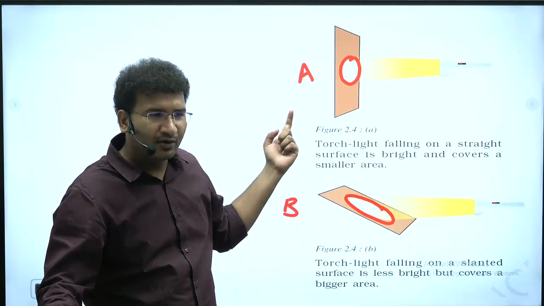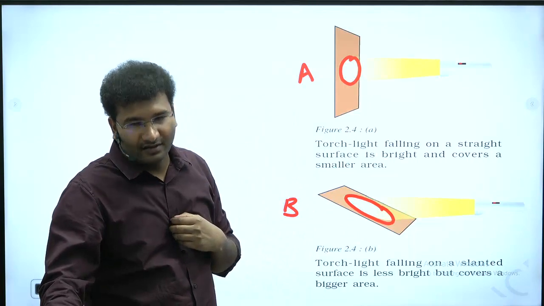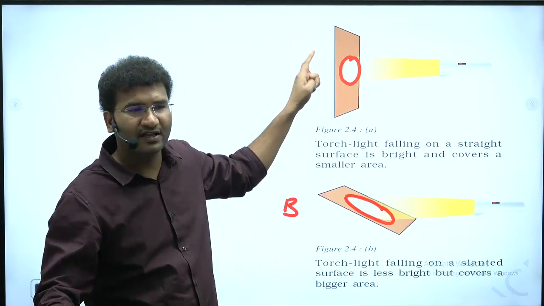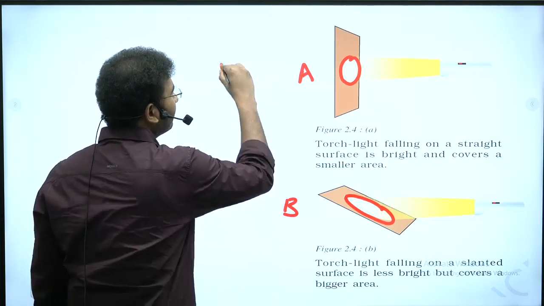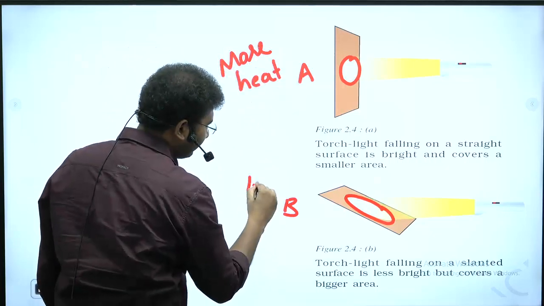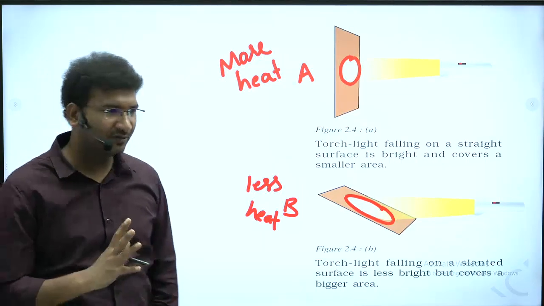Will A receive more heat or B? Yes. A is receiving sunlight directly, so that's the reason why A has better and stronger sunlight. That means here you have more heat and here you have less heat. Do you agree with me?